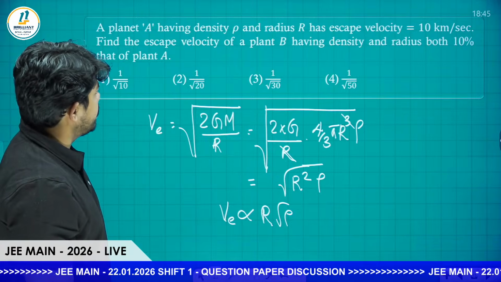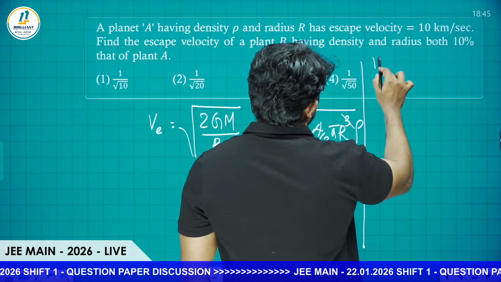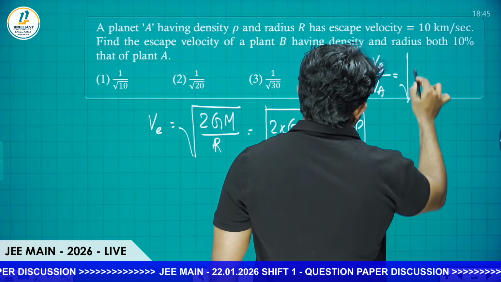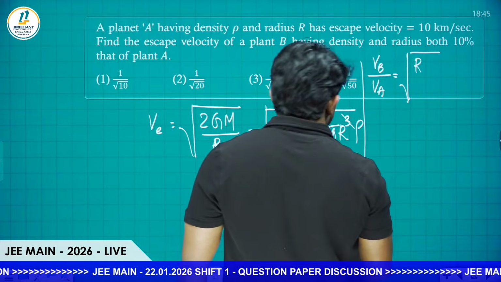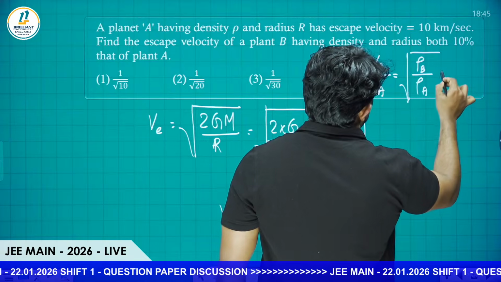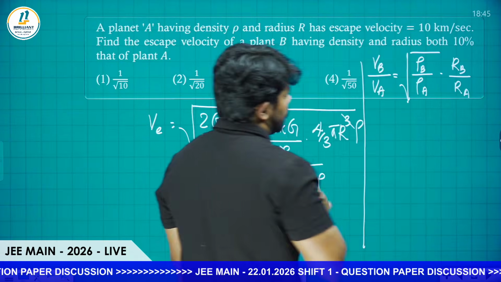This is the proportionality we have to work on. So VB divided by VA should be equal to root of rho B divided by rho A times RB divided by RA, right?